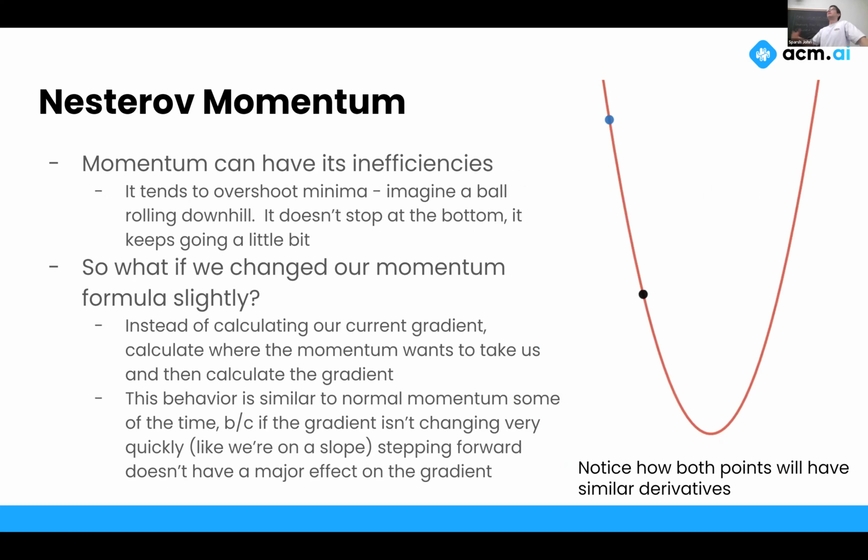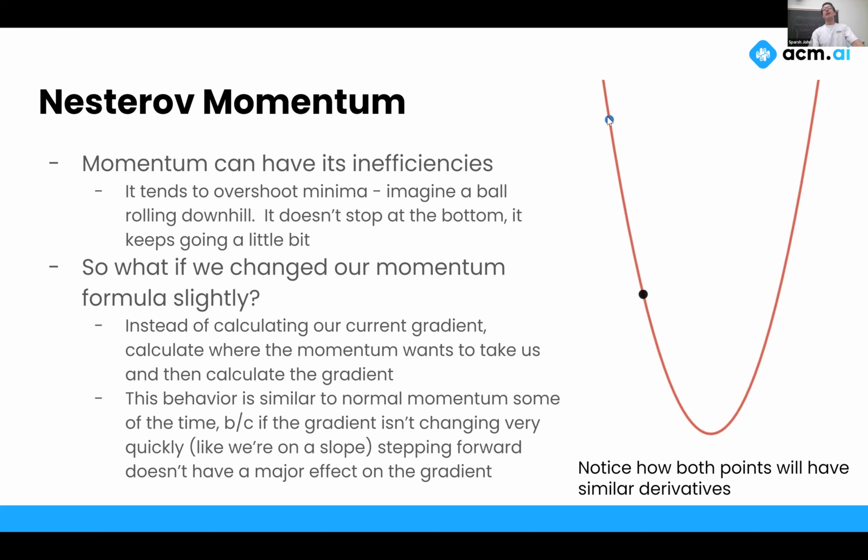But what you might notice is that we don't necessarily have to go to the location and take the gradient there. What we can do instead is calculate where the momentum wants to take us and then calculate the gradient. If you look up there, we have these two points, the blue and the black point.